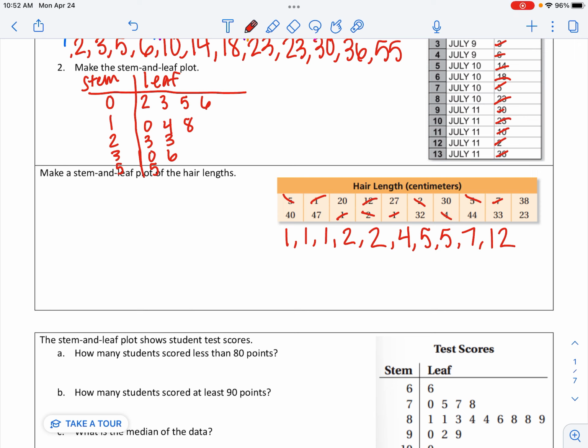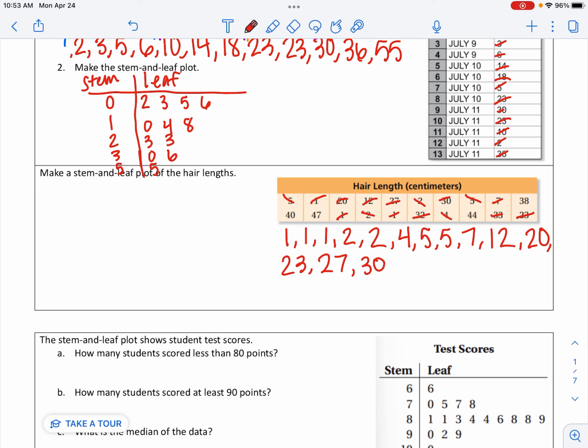And then we have 20, 23, and 27. And then 30, 32, and 33. I missed one up.